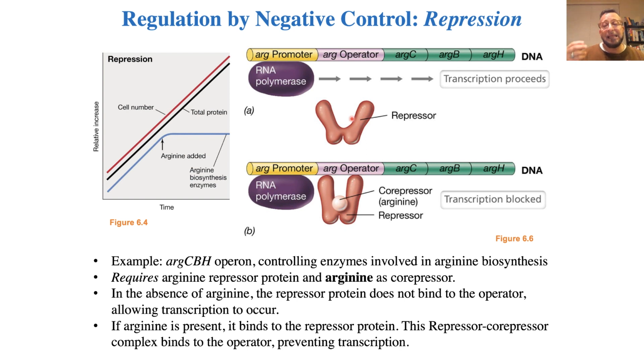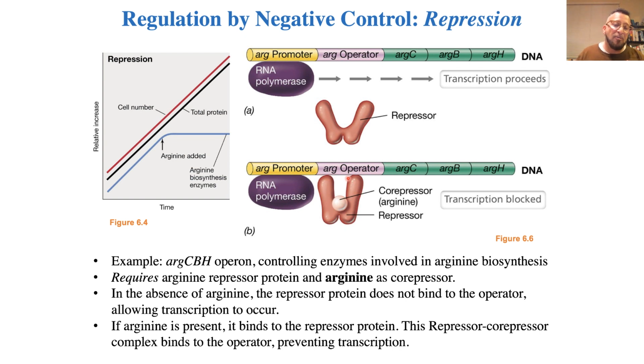But once the arginine has been made, and now there is presence of arginine, arginine behaves as a co-repressor. So the co-repressor is going to bind the repressor, which is going to have a conformational change, and that conformational change is going to allow the co-repressor-repressor dimer to bind to the arginine operator.